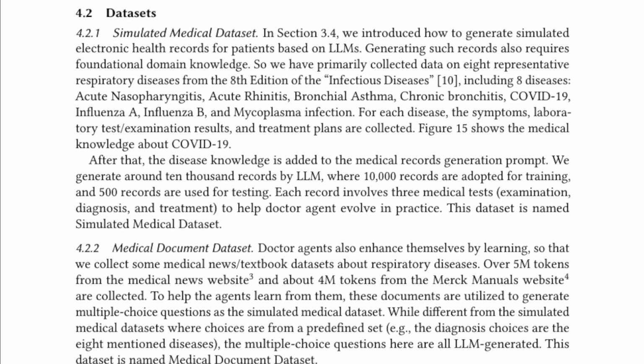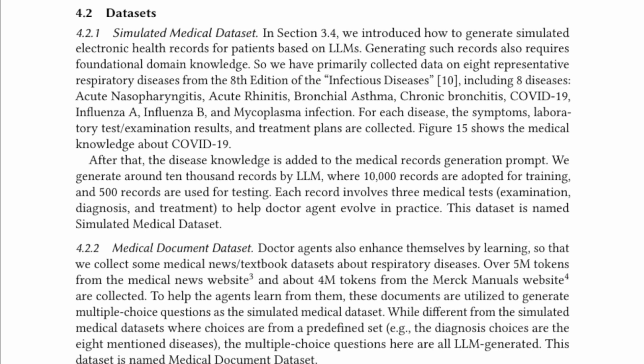4.2 Datasets. 4.2.1 Simulated medical dataset. In Section 3.4, we introduced how to generate simulated electronic health records for patients based on LLMs. Generating such records also requires foundational domain knowledge.